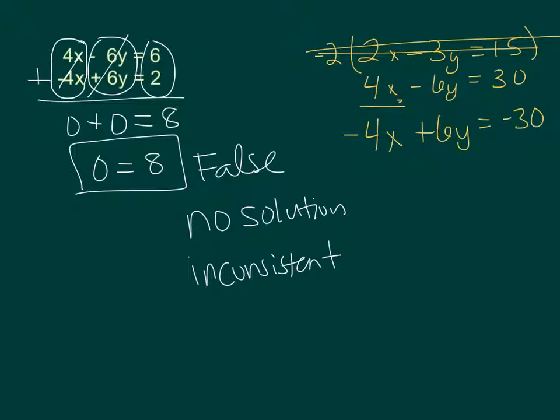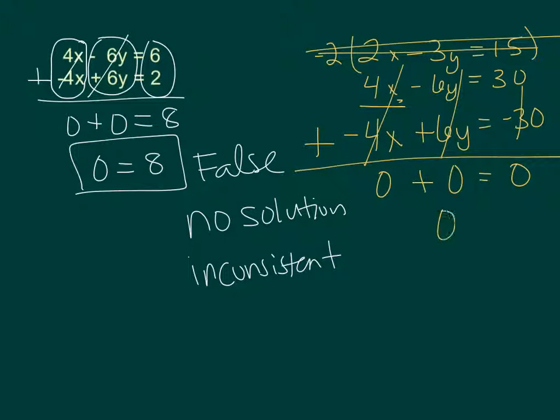So I've rewritten my first equation to create opposites for x's. So now when I take that second equation and add it to my first revised equation, 4x and -4x cancel. I get 0. -6y and 6y cancel. I get 0. And 30 and -30 cancel. So I get 0 equals 0.